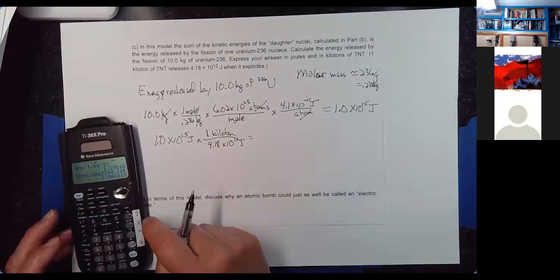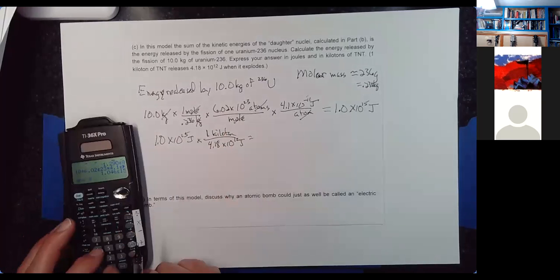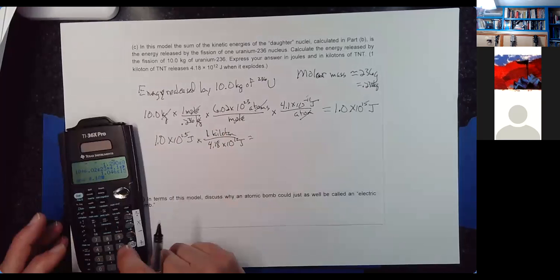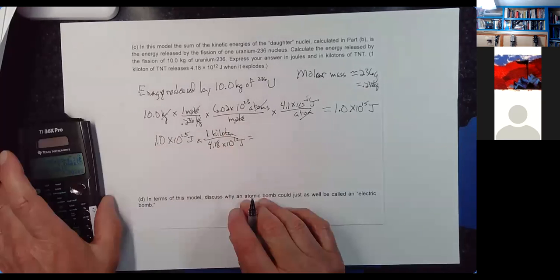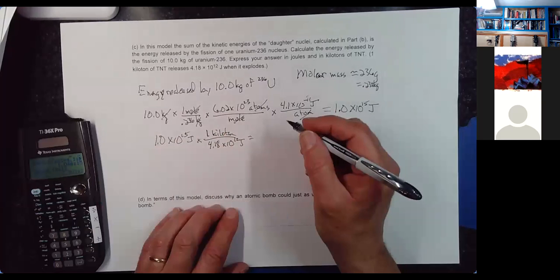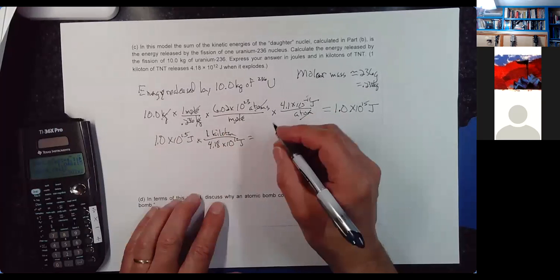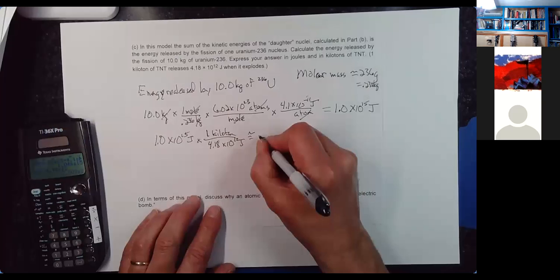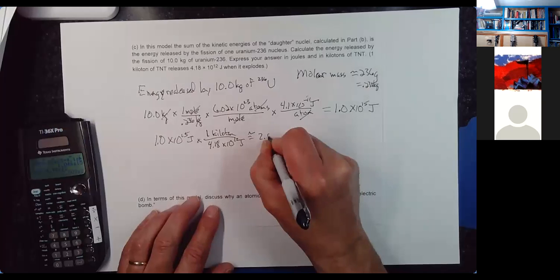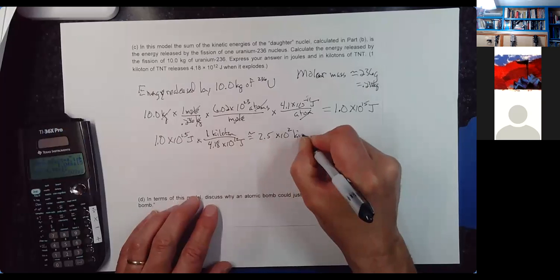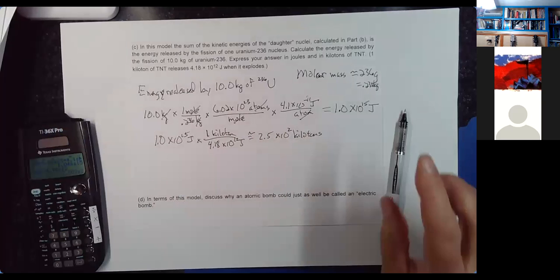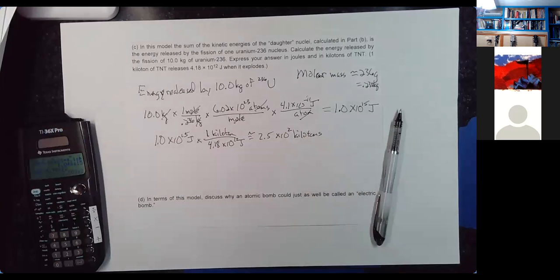So let's see. And I get about, well, we can't keep that many significant figures, but it would be about 2.5 times 10 squared kilotons, which is 250,000 tons of TNT. So these things are very explosive.